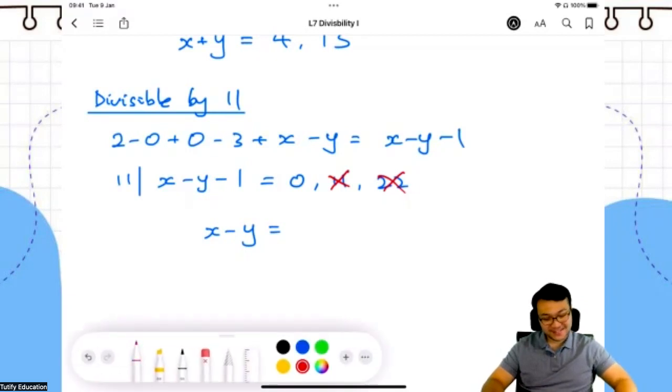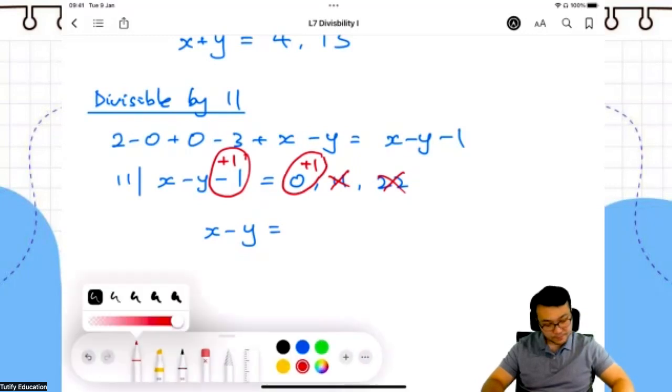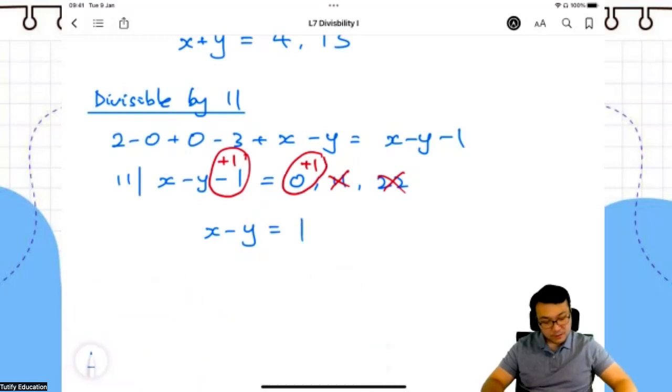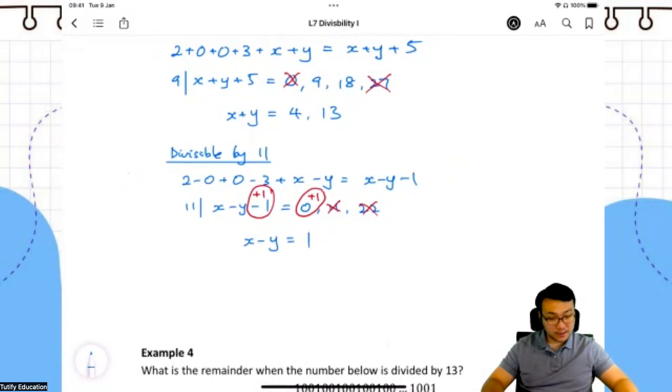If I add 1 on both sides, then what will happen to the negative 1? It will be gone. And what happens to the other side? It becomes 1. So what am I left with? x minus y equals 1. Yes. So I'm just adding 1 on both sides, and I found out that x minus y must be 1.